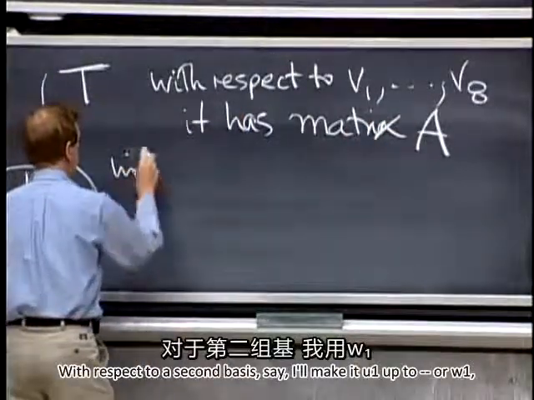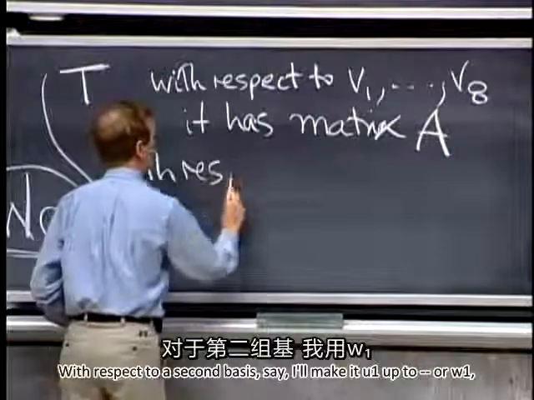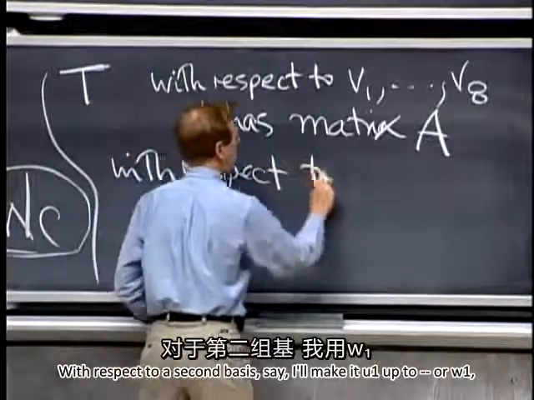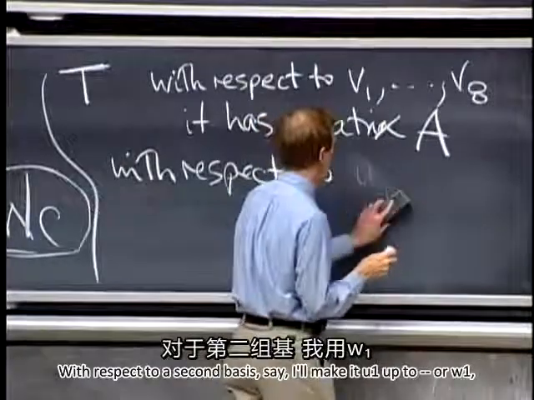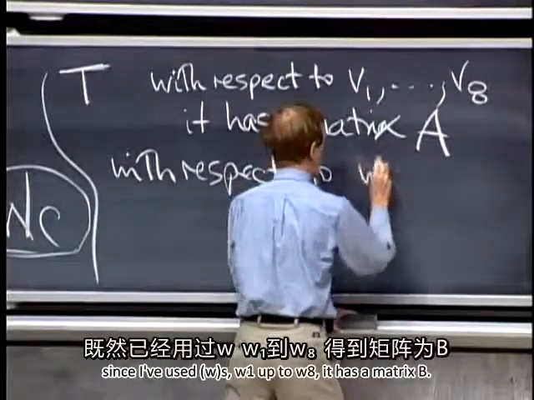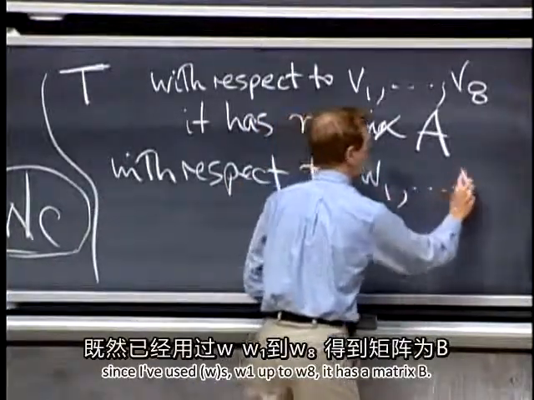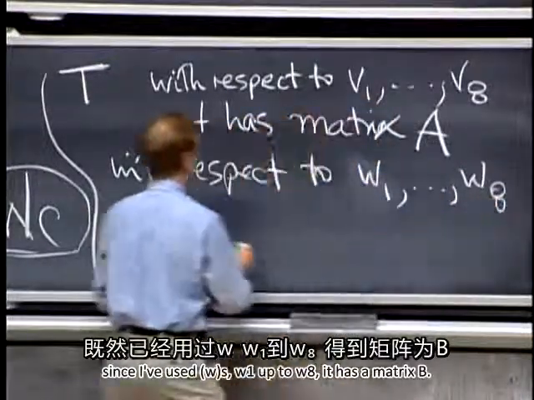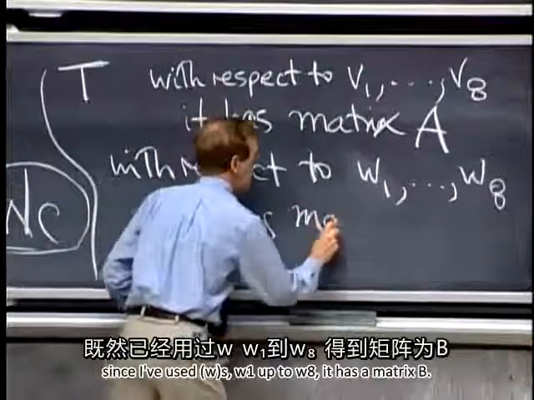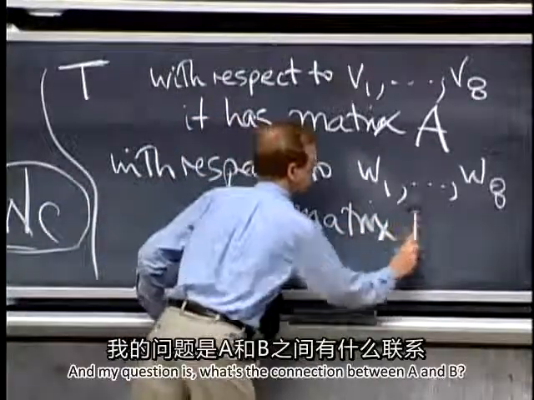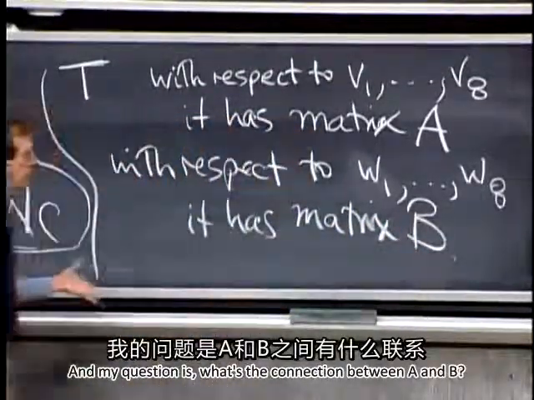With respect to a second basis, say W1 up to W8, it has a matrix B. And my question is, what's the connection between A and B?